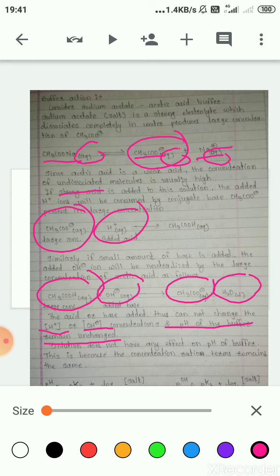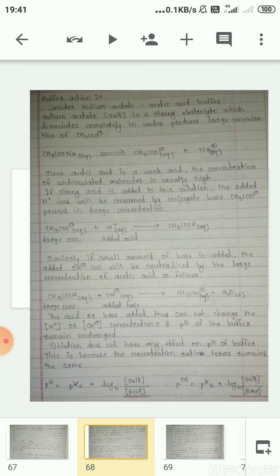We have seen the equation pH is equal to pKa plus log to the base 10 of the ratio of concentration of salt to concentration of acid.